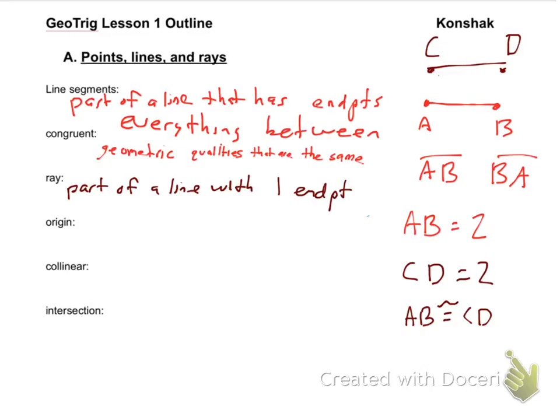Yeah, it has 1 endpoint. And we all know what a ray looks like, I hope. Endpoint, moving on in any direction, really. So we have a ray.